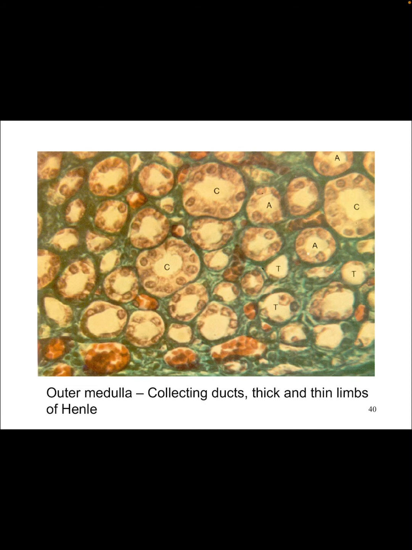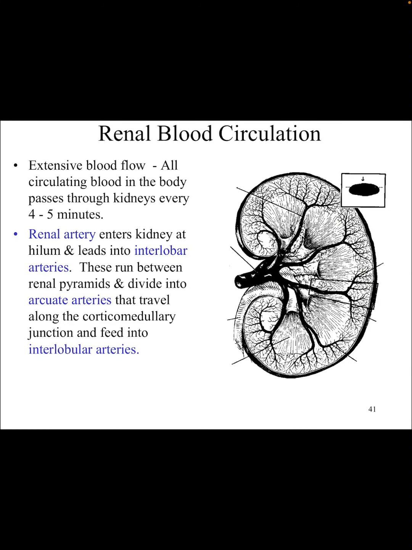If we look at the collecting tubules found in the medulla, you can see these here. These are the simple cuboidal epithelium, and here we can see squamous epithelium. Then we look at the thin limb of the loop of Henle.